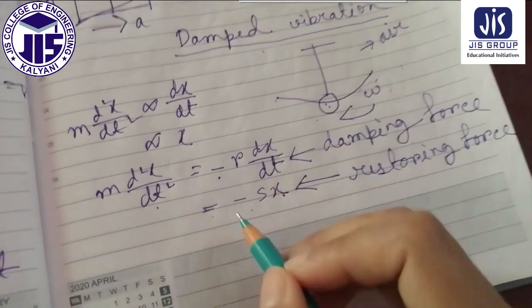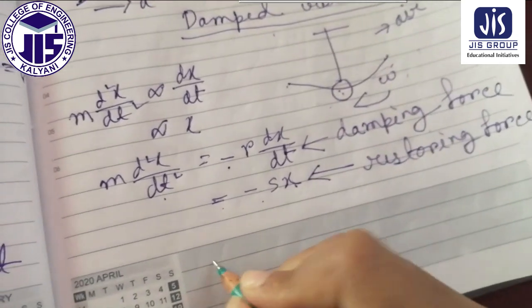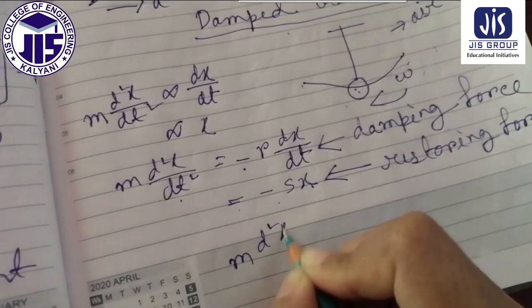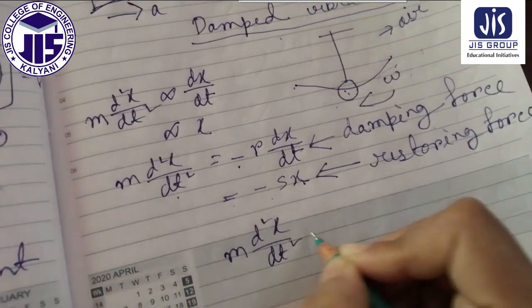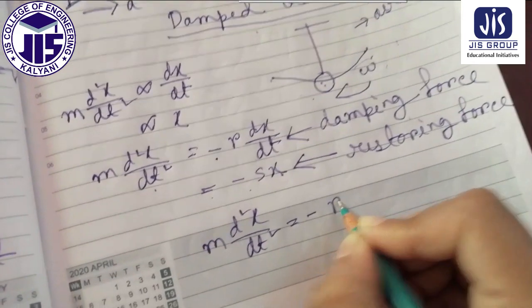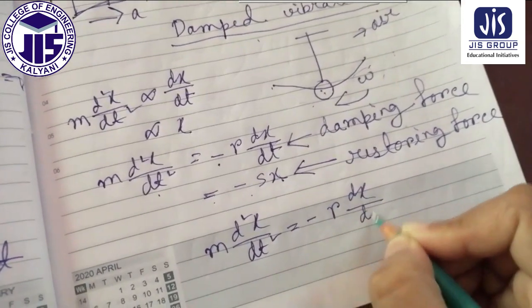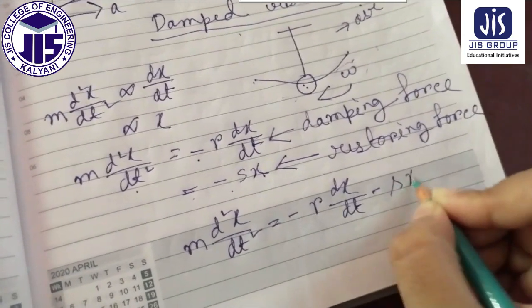Now if we add them, then finally m into d2x by dt square is equal to minus r into dx by dt minus sx.